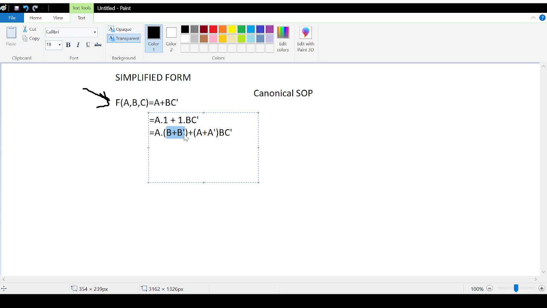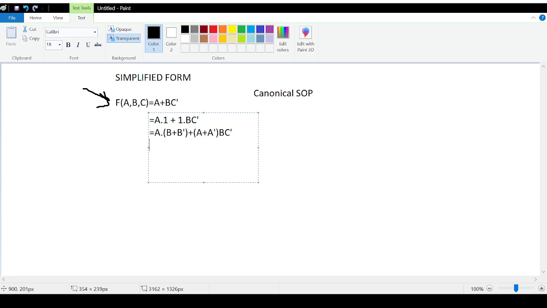Because the addition of a variable and its complement gives a 1. B plus B bar will give you 1, and I brought B here because I want A to have B and C with it, to go to the canonical form. And here I replaced 1 with A because I want the term A with BC bar.